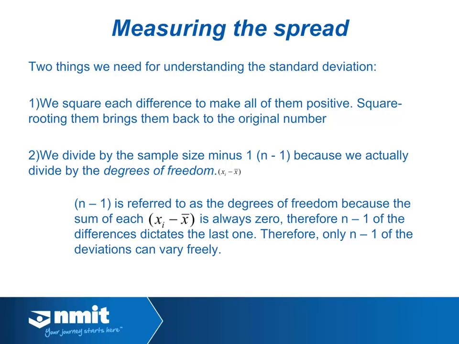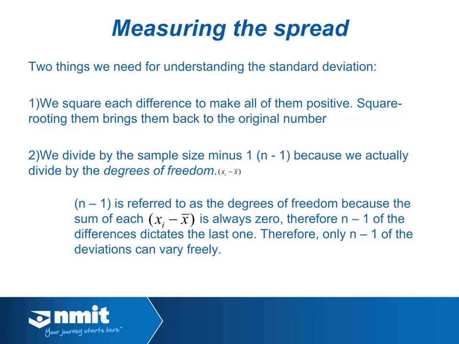There's two things which helps explain that formula, which on the outset looks a little bit ugly, but it's not really that ugly when you break it down. It's just simply the difference between the mean and each data point squared. We square each difference, so the data points minus the mean squared. We square all these differences to make them all positive, because with a mean, some data points will be lower than the mean, some will be larger.